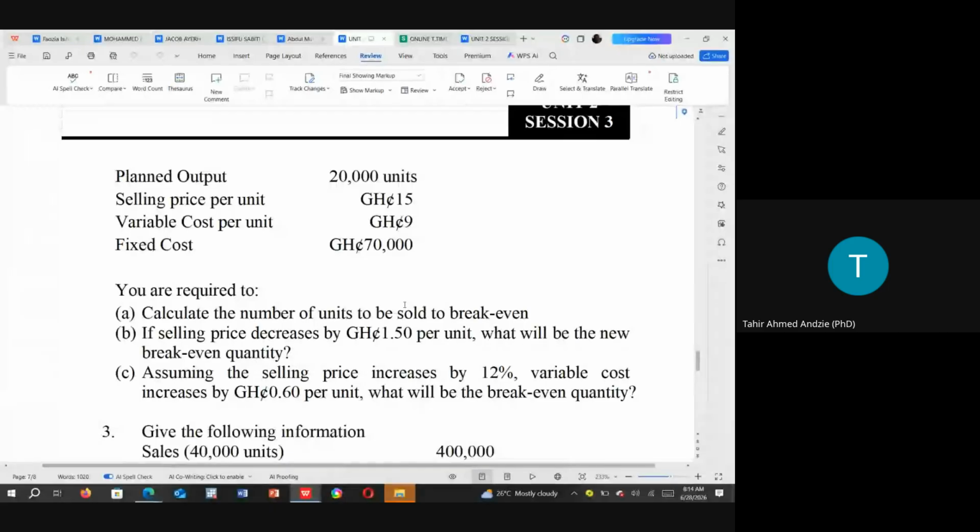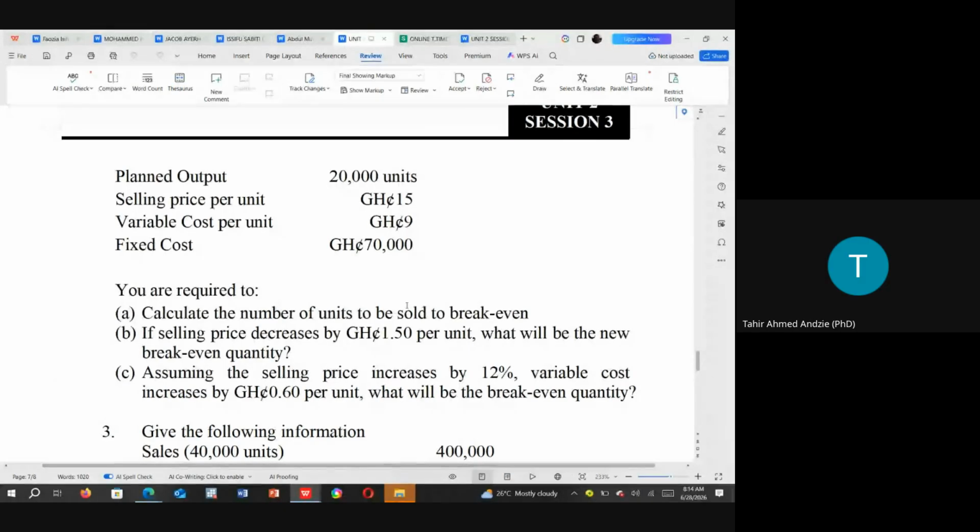So the 15 is going to increase by 12%. The best way is to multiply the 15 by 1.12. That gives us 16.8.